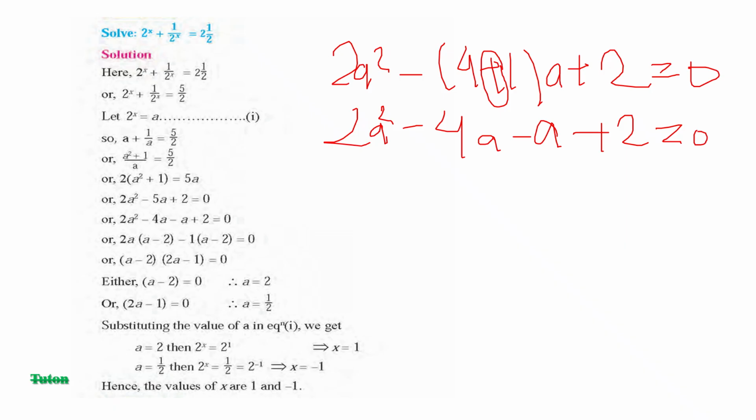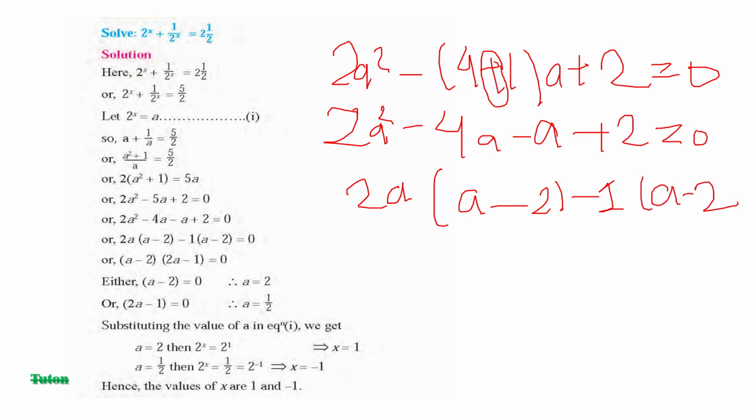On the next step we take 2a as a common factor, and we are left with a negative 2 in the bracket, and we take a negative 1 as a common factor, and we are left with a negative 2 in the bracket.